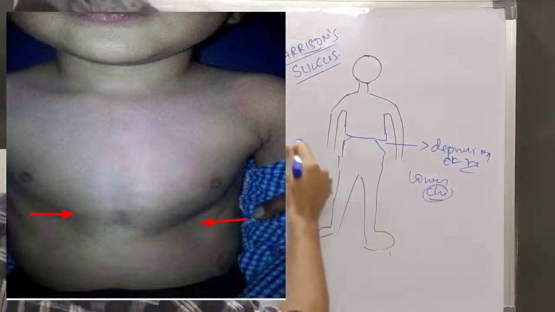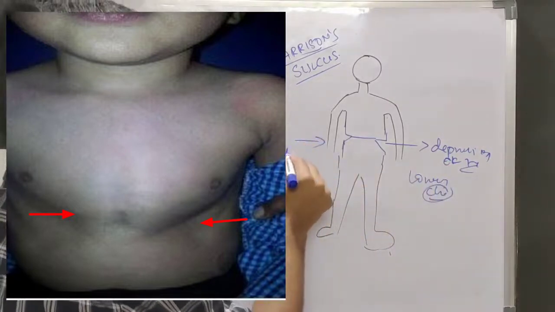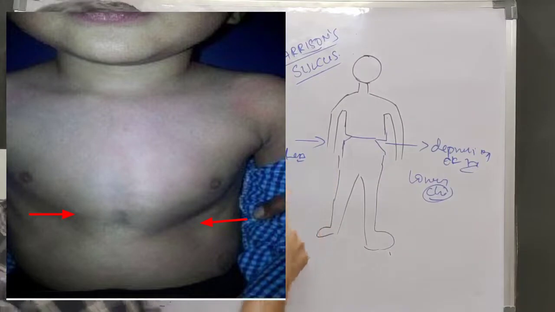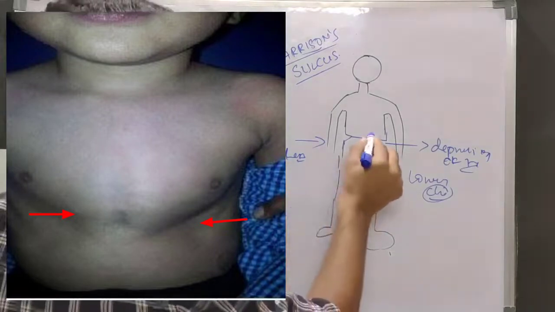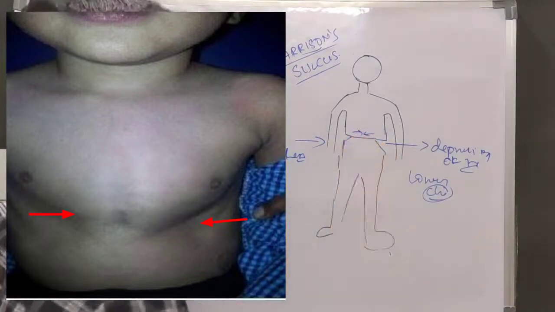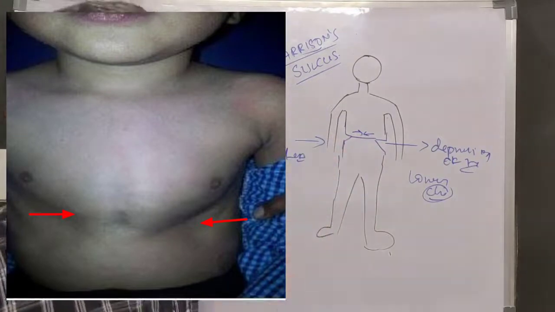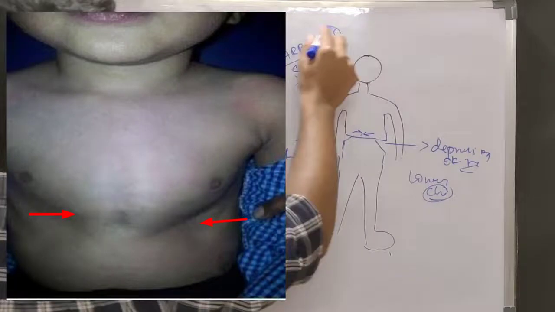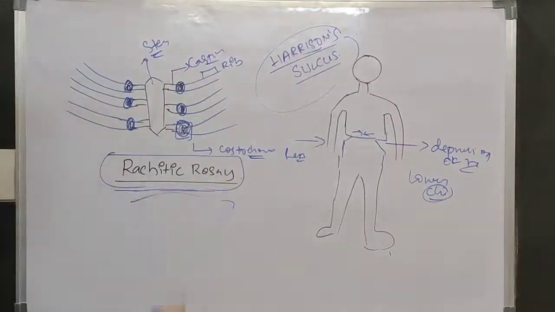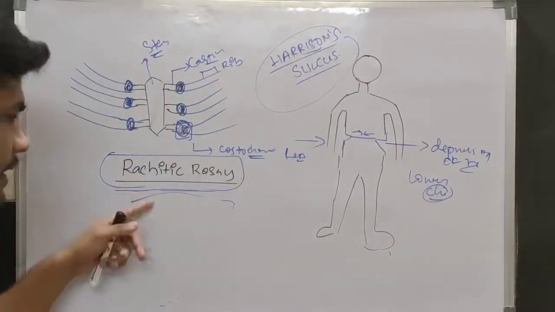Patients with rickets have less tone, so due to the pull of the diaphragm towards the center, there is a depression in the lower chest wall. So this is Harrison's sulcus and this is the rachitic rosette, also called the rickety rosette.